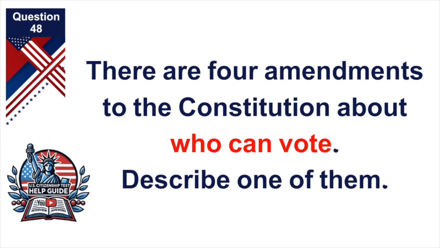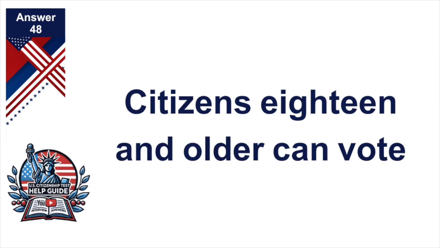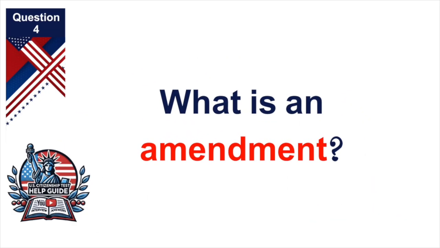There are 4 amendments to the Constitution about who can vote. Describe one of them. Citizens 18 and older can vote. What is an amendment?